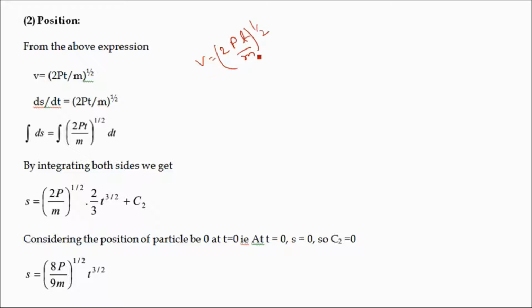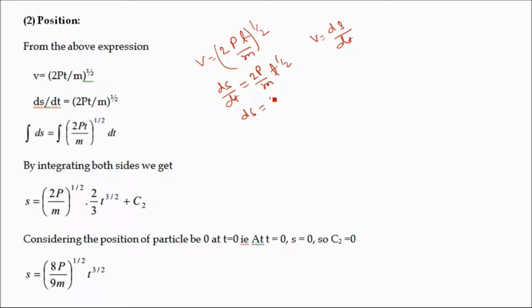We may write velocity as ds by dt, that is, velocity is the rate of change of displacement with respect to time. So ds by dt is equal to 2Pt by m raised to the power 1 by 2. If we integrate it, we will get the value. Either we can approach it with indefinite integration or definite integration. I will show both separately.